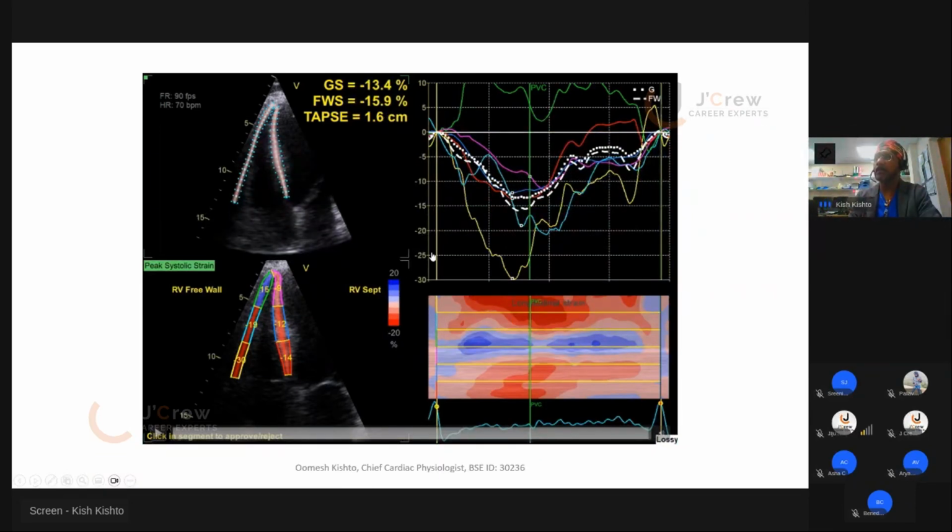So if your machine doesn't have the RV strain, you can cheat and use the four-chamber view of the LV measurement just for that. But again, this is just to give you a rough idea.